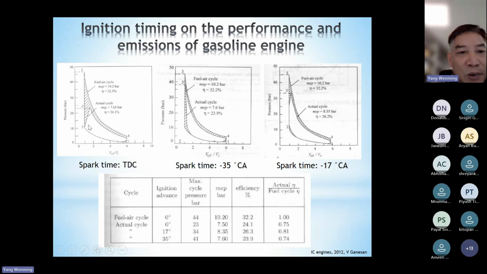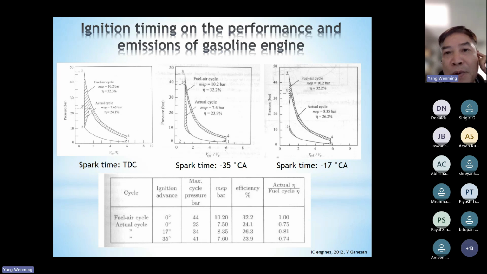Okay, this one actually is also very simple, because if your ignition timing is too late, most of the combustion process occurs in the expansion stroke, correct? So some of the energy actually doesn't function for the whole expansion stroke.